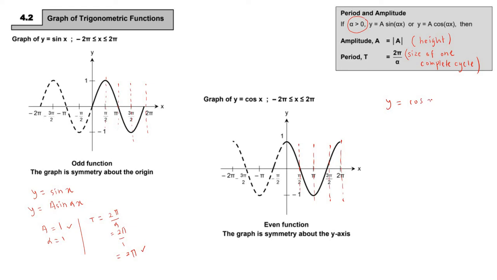Okay, let's do this one. y equals cos x. If we compare with y equals a cos alpha x, then we get modulus a equals 1 and alpha also equals 1. From alpha, we can get the period 2 pi over alpha, 2 pi over 1 equals 2 pi. Okay, so amplitude equals 1. Look at the graph, the height of the graph is 1, atas ni 1, bawah pun 1.